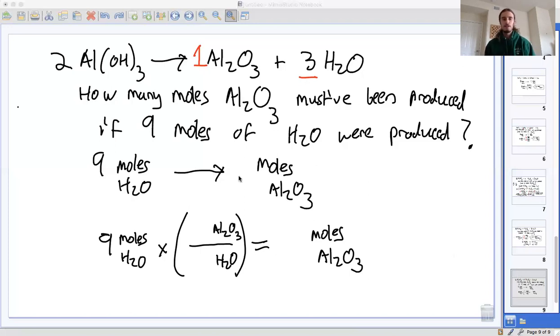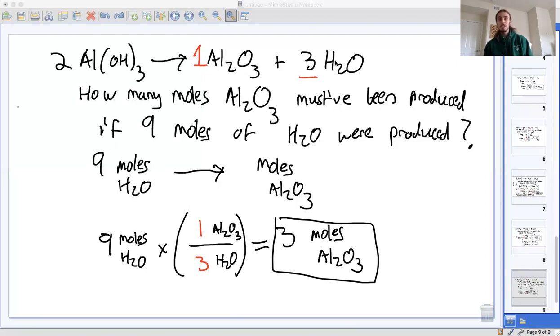And then the conversion factor is going to be 1/3. So 9 times 1/3 is going to be 3 moles of Al2O3. Which makes sense, right? Remember, 1 mole is made for every 3 moles. So if I make 9 moles of water, that's 3 times as much. Well, 3 times as much as 1 is 3. Perfect.